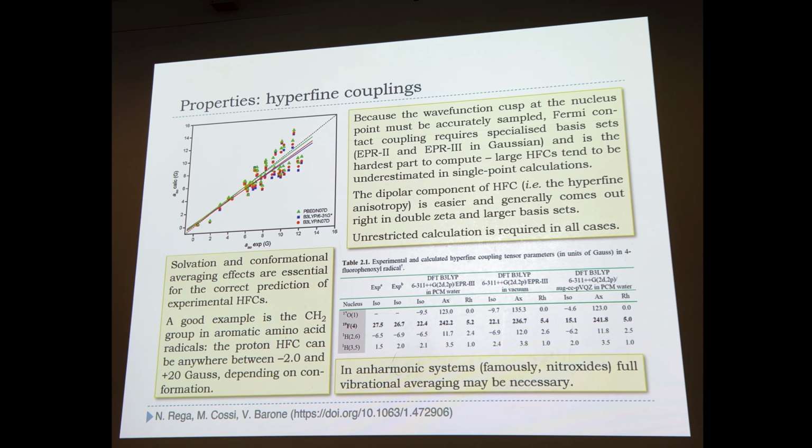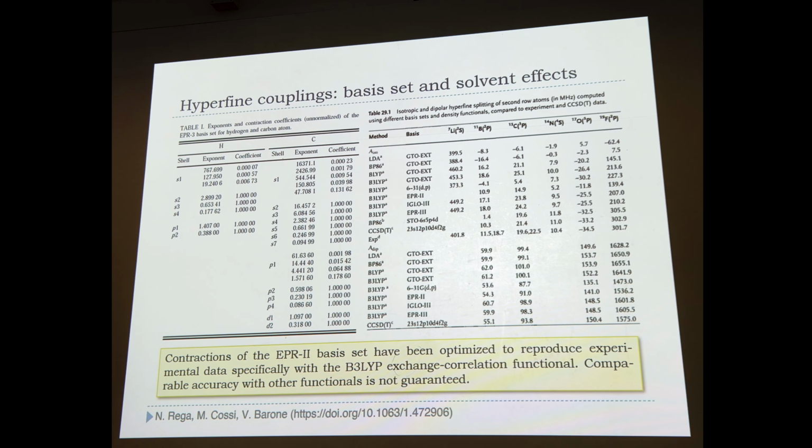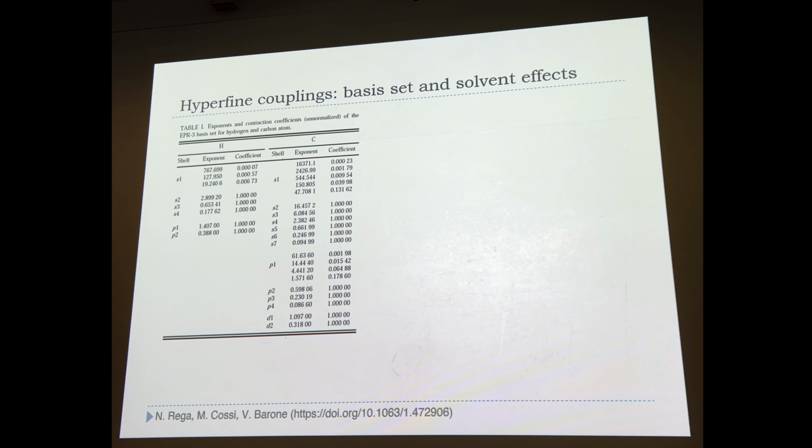And if you look at Vincenzo's basis sets, I think I have the EPR-II and EPR-III in the next slide. So this consistently underestimates the isotropic hyperfine coupling because of that smooth top effect.